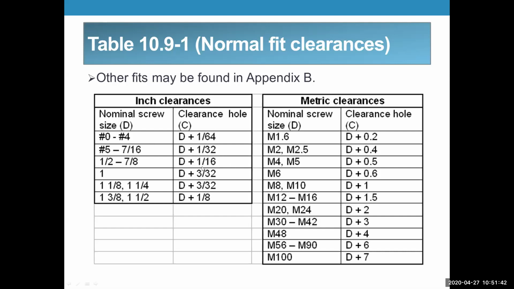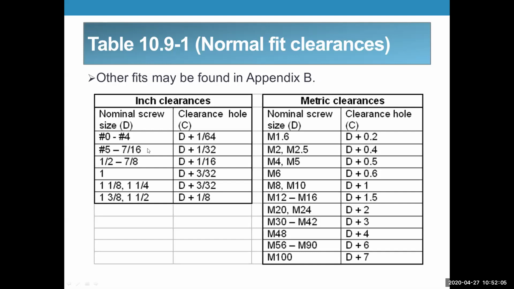So that's kind of a standard, I guess, 32nd for most of the fasteners that you'd use, which are probably going to fall in between a number 5 and a 7/16. If you're a machine designer, you're probably not going to use anything bigger than this for the most part.